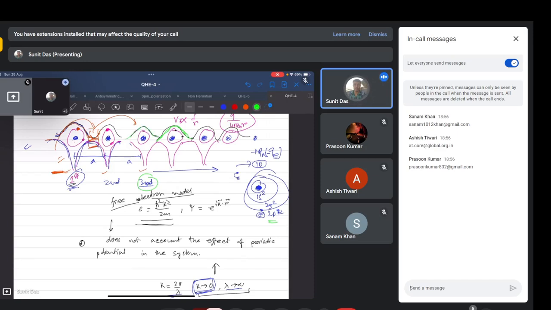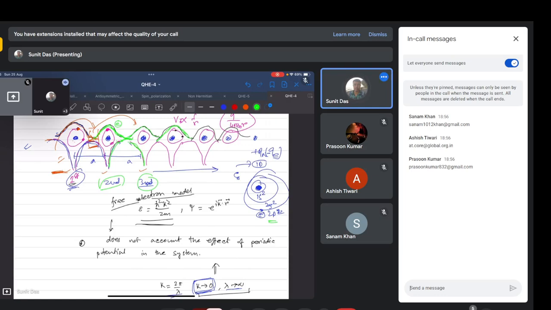Similarly, if I talk about any electron of the second atom, then it will be concentrated around the second atom of the carbon. So these atomic orbitals are concentrated around the nucleus, but nonetheless there can be a small overlap in this region of the atomic orbitals.